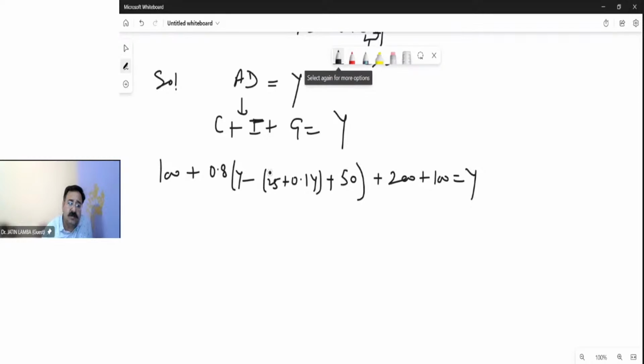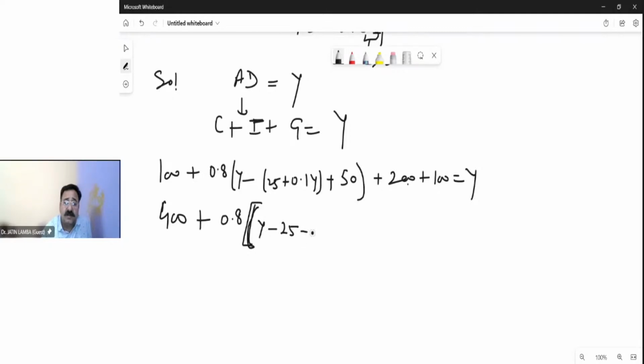Now solve the equation. 100, 200, 300, 400. That is 400 plus 0.8, open up the bracket, y minus (first we will solve the inner bracket, then the outer one) y minus 25 minus 0.1y plus 50 is equal to y. Now see, 400 plus 0.8 into 0.9y minus 25 plus 50, that is 25.